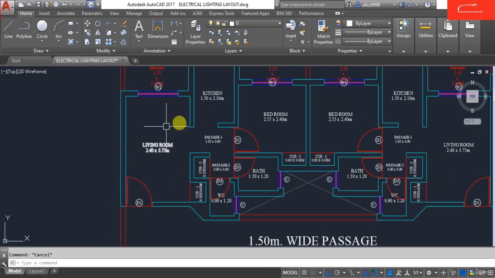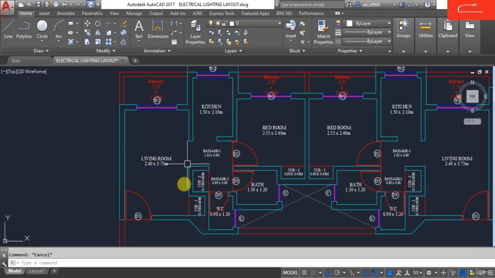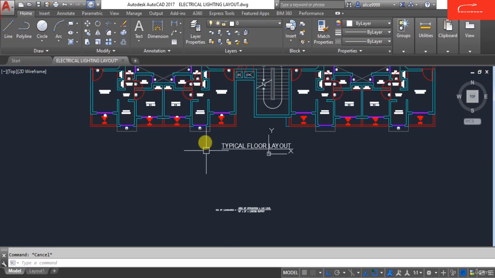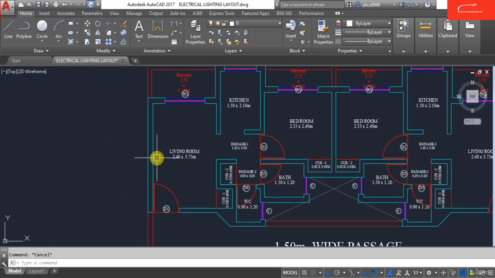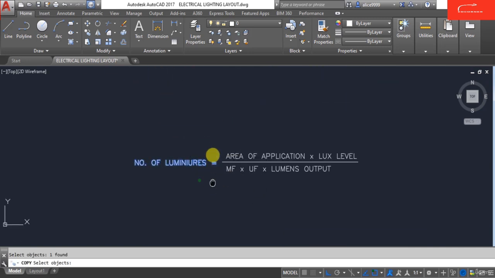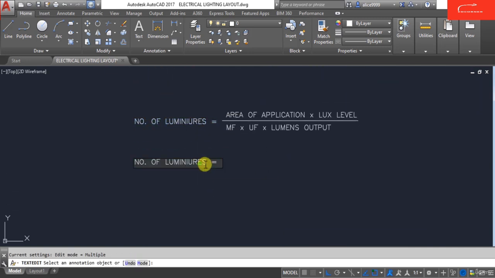For example, I wish to install 2 CFL or LED bulbs in the living room. So the number of luminaires is equal to two numbers.